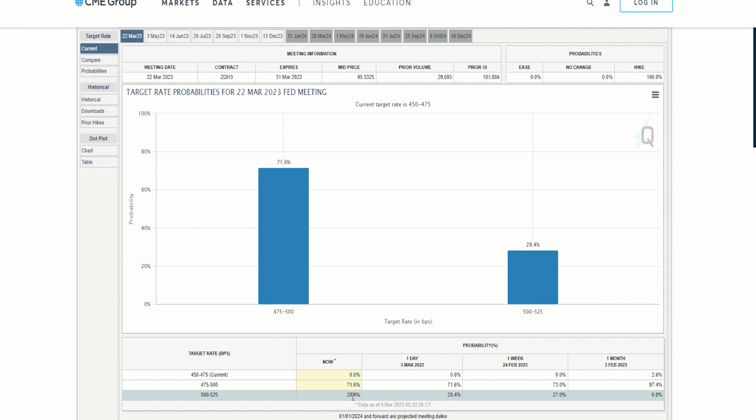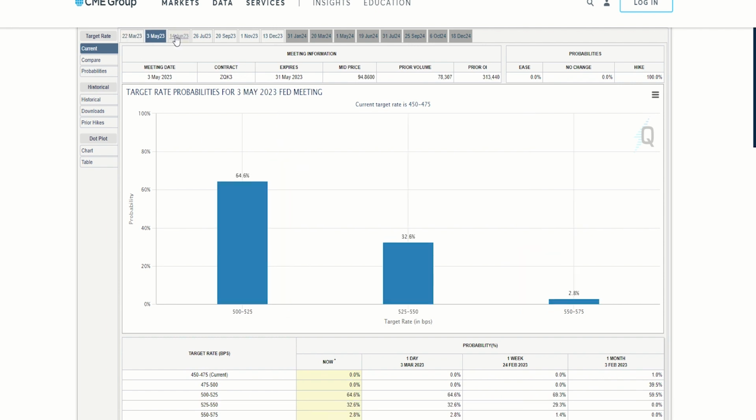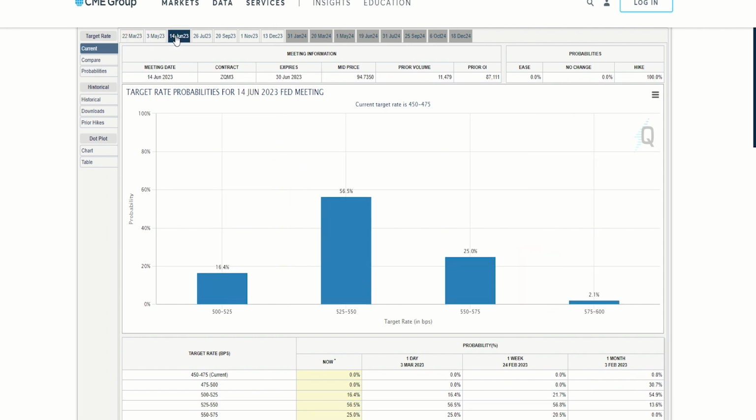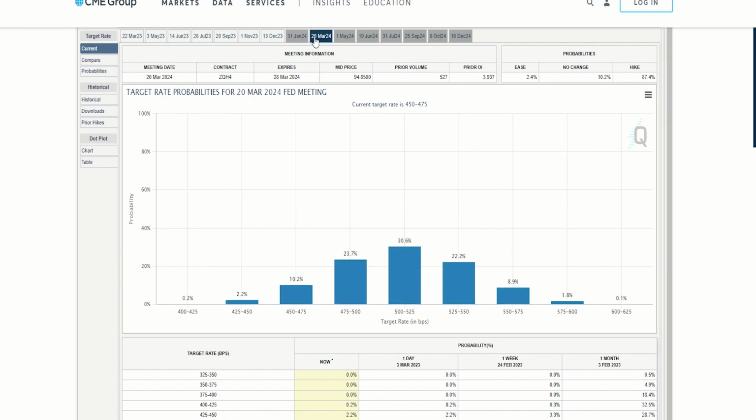And another thing to note as well is most of the market was expecting that May or June the Fed would freeze, there'd be no more rises from then. However, now it looks like the market is expecting 3, potentially even 4 more raises. And the market is now not expecting a Fed pivot until January or March 24, whereas at the start of the year, people were expecting it to be November.